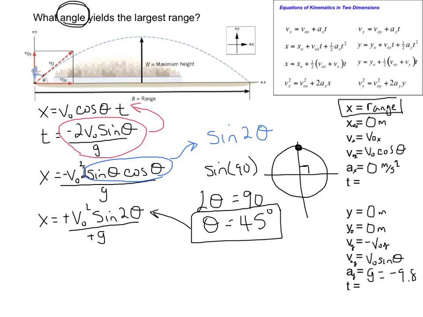Now keep in mind, this is only true when you start and you end at the same height. The reason for that is because we made a pretty important assumption over here that your initial and your final y velocities are equal and opposite each other. So you want to be careful. I know the book gives this equation to you and says it's a special equation called the range equation.